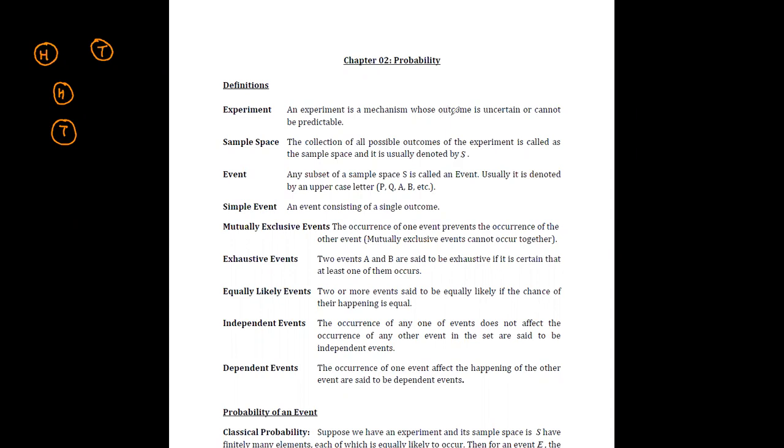Therefore, the outcome is uncertain or cannot be predicted. The only thing we know is that we will get one of these, but we cannot say exactly which. Such a mechanism is an experiment.